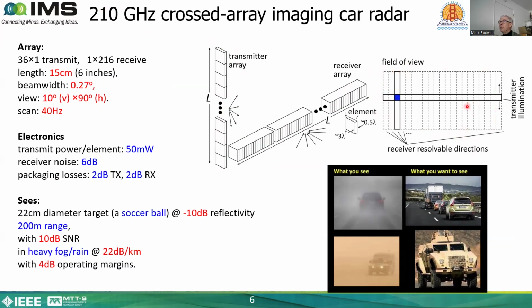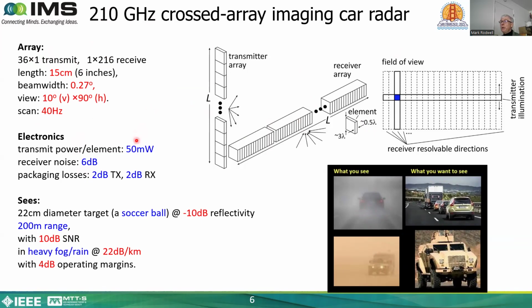So it's a hardware efficient way of doing this. The objective is to provide a video-like image using radar so that we can see while driving under extremely inclement conditions. The link budget is for a 36 element transmitter to 16 element receiver, the arrays are about 6 inches long, and about a 40 hertz scan rate.